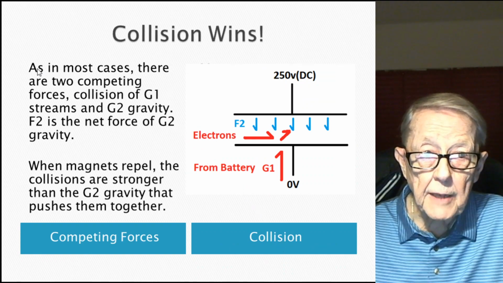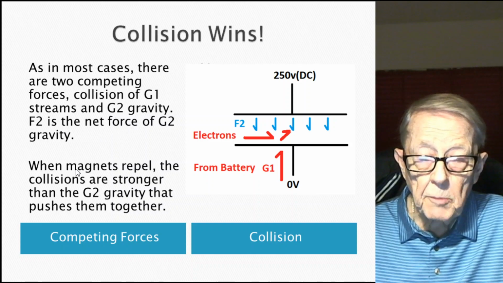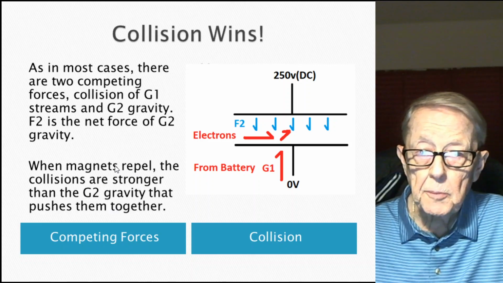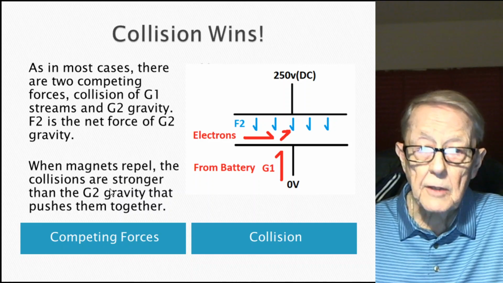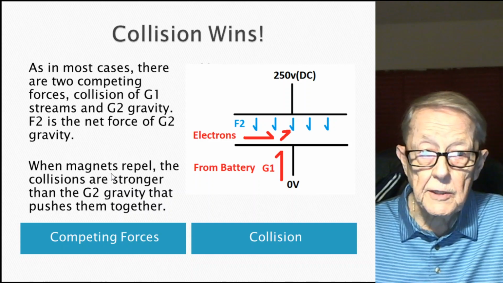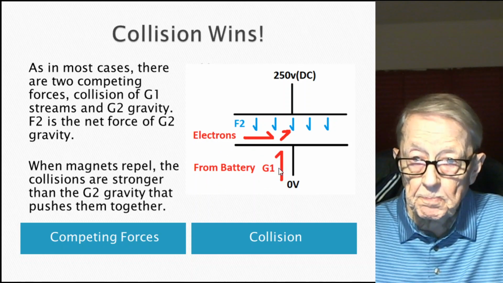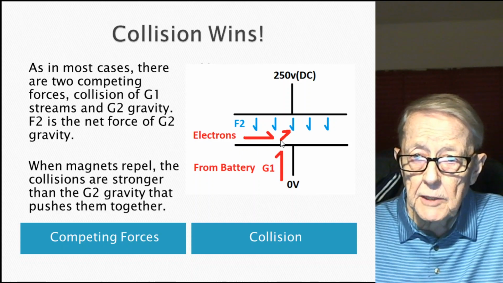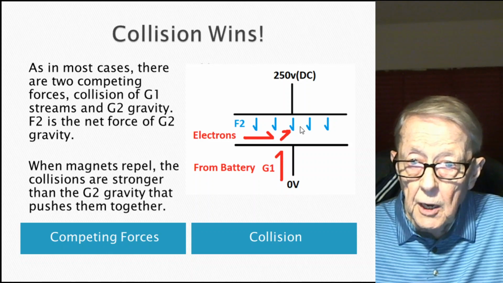Collision wins. As in most cases, there are two competing forces: collisions of G1 streams and G2 gravity. When magnets repel, the collisions are stronger than the G2 gravity that pushes them together. There are competing forces in gravity that you feel just while you're watching this video. My contention is that these electrons are going to hit, and some of these are going to move up, and some of these, oddly enough, are going to push these up in the same direction.